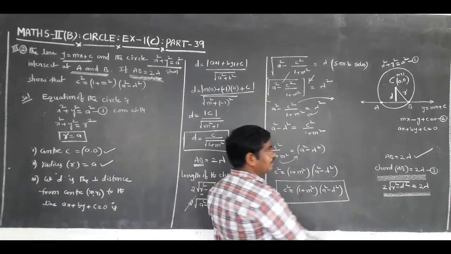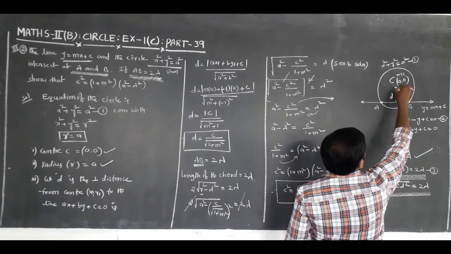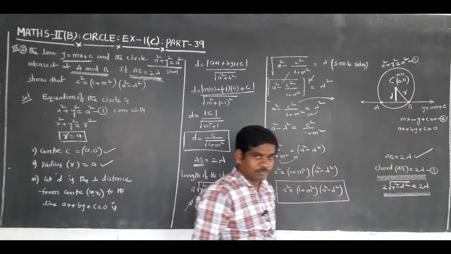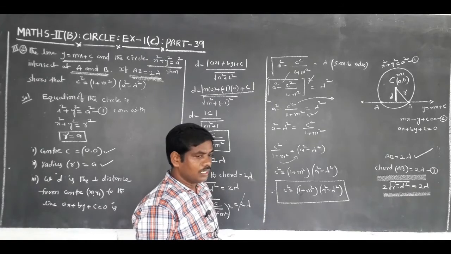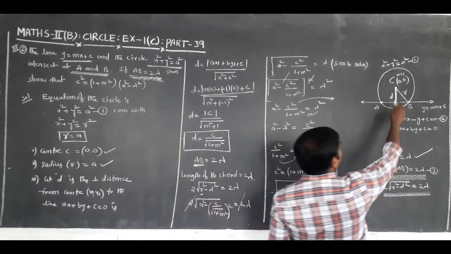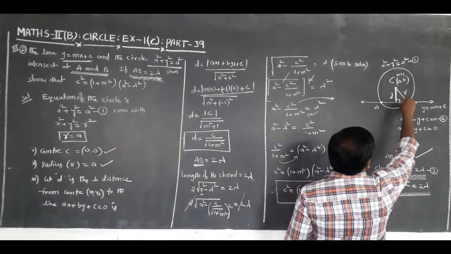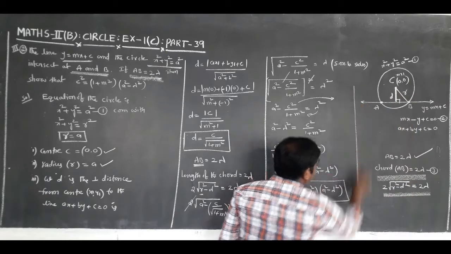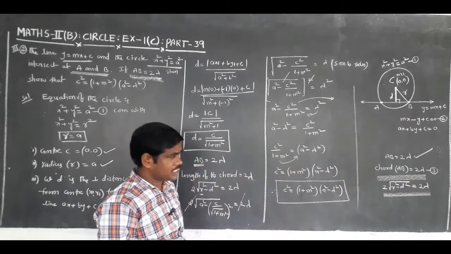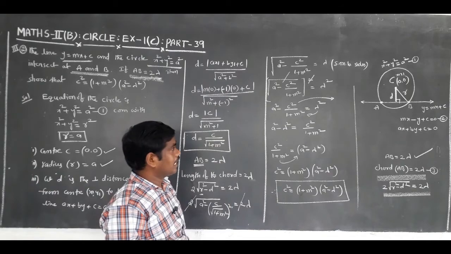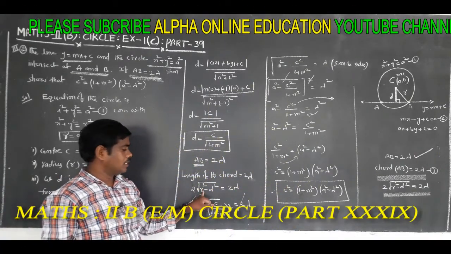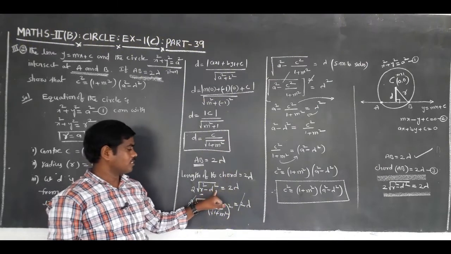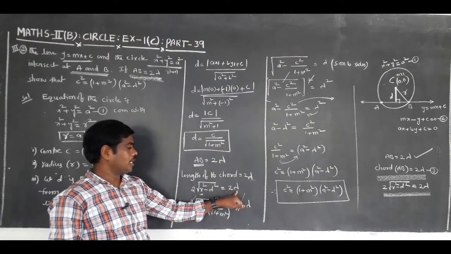First of all, find the center and radius of the circle. Again, we find the perpendicular distance from the center to the line. The length of the chord is equal to 2 into under root of r square minus d square, which is equal to 2 lambda.